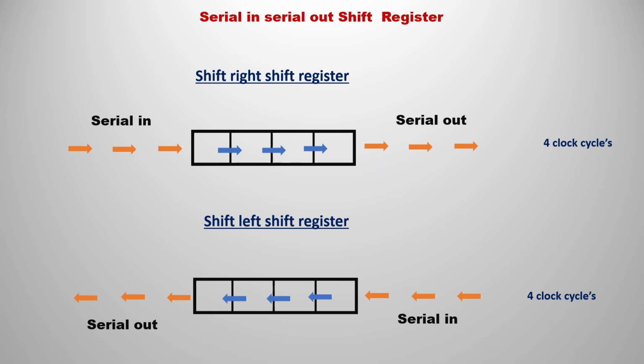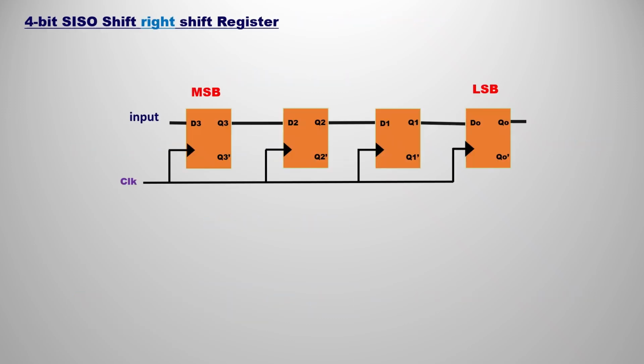Basically it will start from the right side and move to the left side, just exactly the opposite of the shift right. This also requires 4 cycles to go inside and 4 cycles to come out. And the data will move from each flip-flop to the next flip-flop one by one, as you are seeing with the blue arrows. Now we are going to understand the 4-bit SISO shift right shift register.